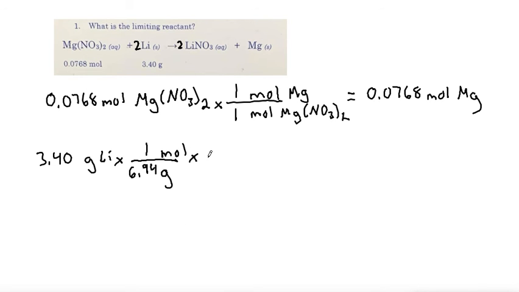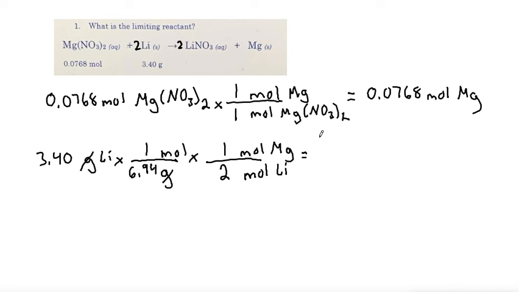So then once we've converted to moles of lithium, this canceled out the unit of grams, and now we're at moles of lithium. And we can convert from moles of lithium to moles of magnesium. So putting moles of lithium in the denominator, because that's what we want to cancel out. Moles of magnesium on the top, since that's what we want to convert to. And the numbers, again, follow the units. The 2 goes in front of the moles of lithium, and a 1 goes in front of moles of magnesium.